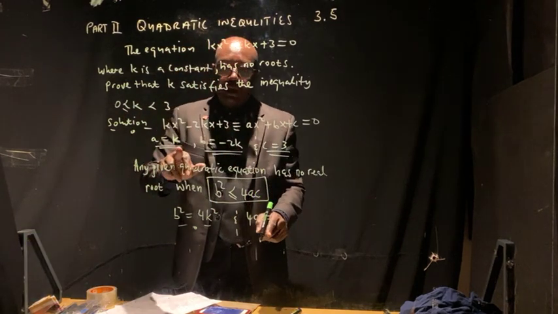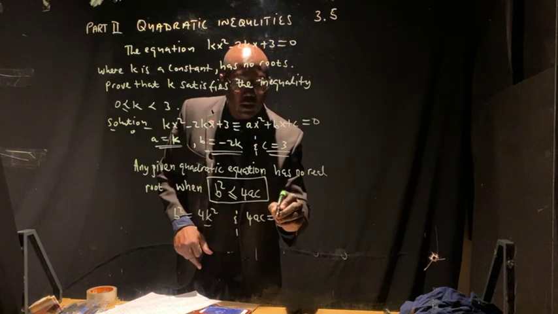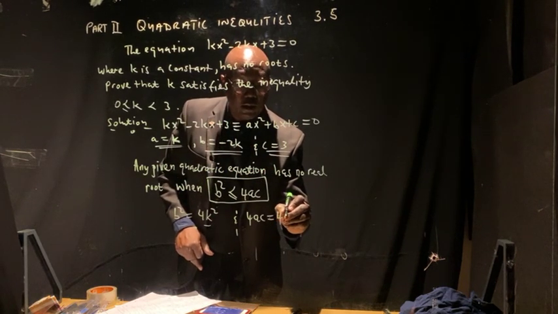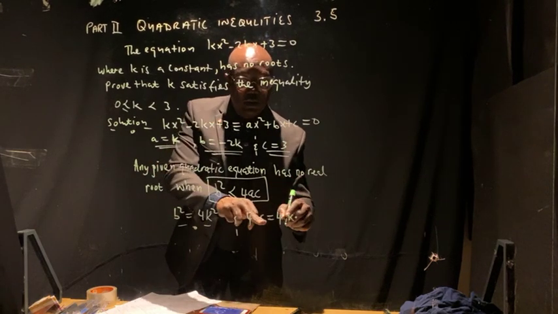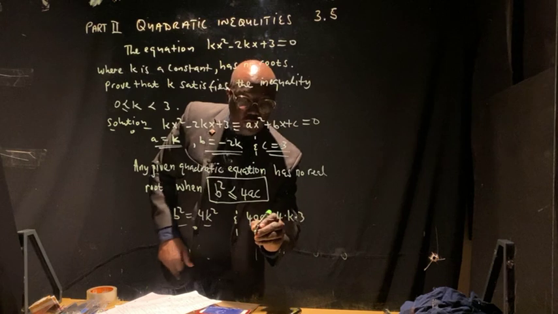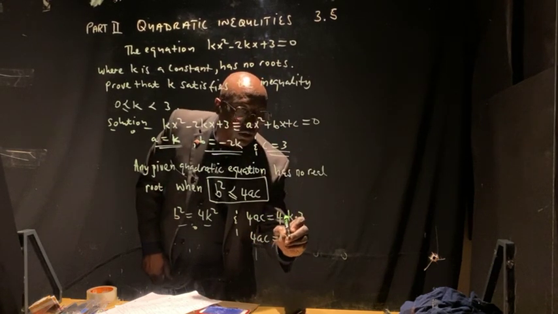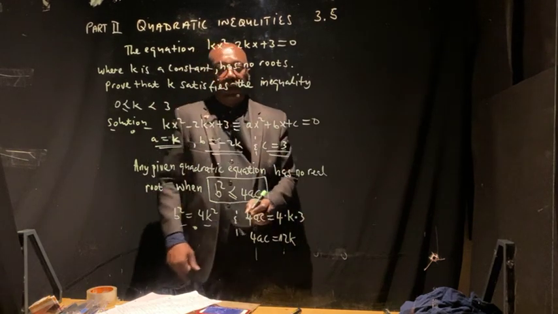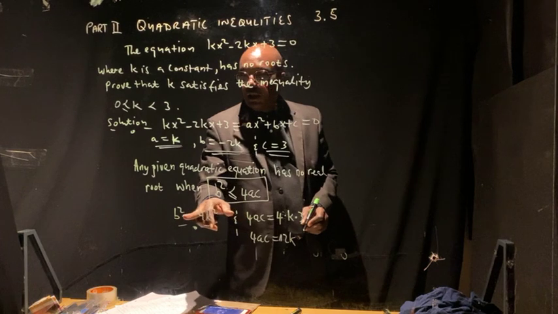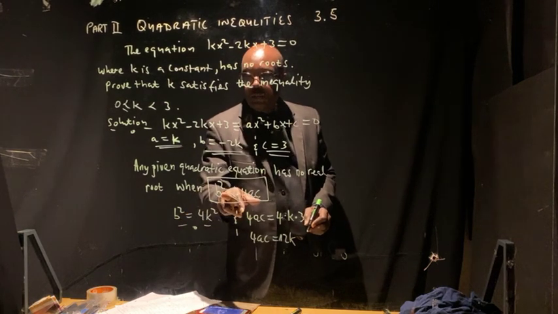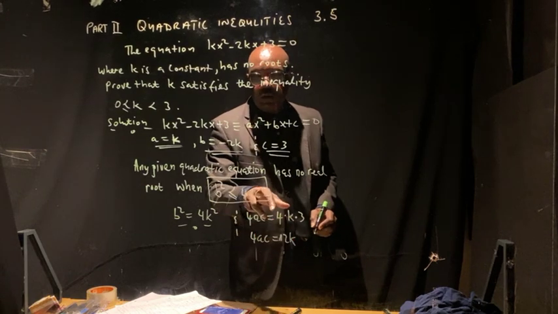A is equal to k, and c is 3, so 4 times k times 3, so 4ac equals 12k. Having known that b squared is 4k squared, we put it here, and 4ac is 12k, we put it here.